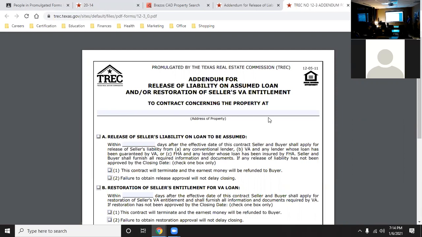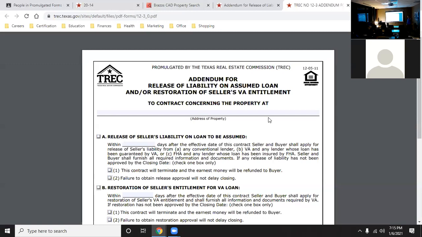Okay, now what this does is, if a person is selling their house to purchase another house, this is where you get into a big mess. A lot of times, understand, a veteran can have how many active VA loans? One. That's it. So if Mr. Grossman here is a veteran and he has bought a house and he is now wanting to sell his house and buy your house, Miss Linda, he already has an active loan on his house.